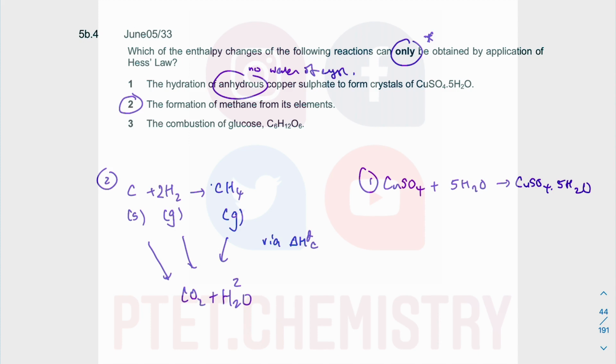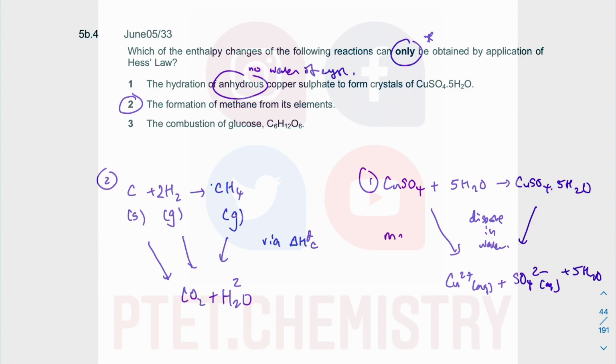Hydration. So what can we be thinking about? I guess you can be thinking about dissolving that in water. You can get SO4 2- aqueous plus 5H2O. So the reaction here is dissolving in water.